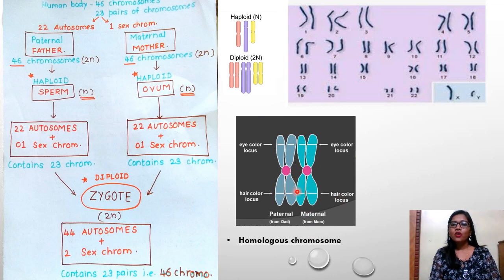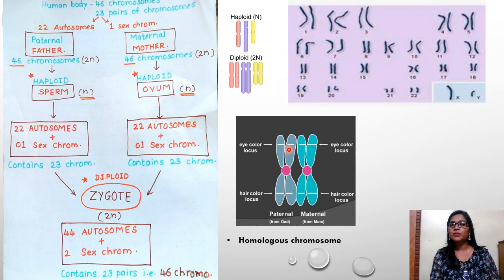So what do homologous chromosomes mean? Homo means same. These chromosomes are morphologically similar, structurally similar, and genetically similar. Genetically similar means they have the same genes positioned at the same positions, carrying the same information.